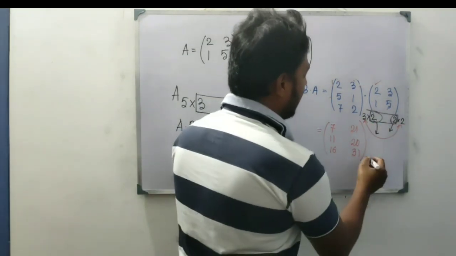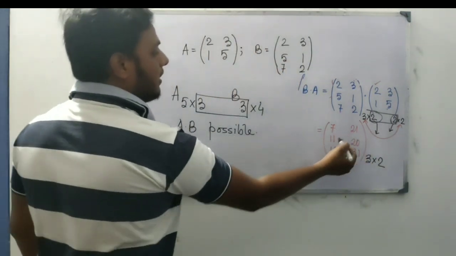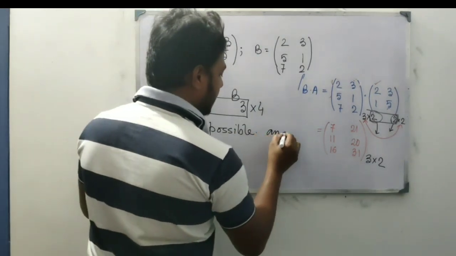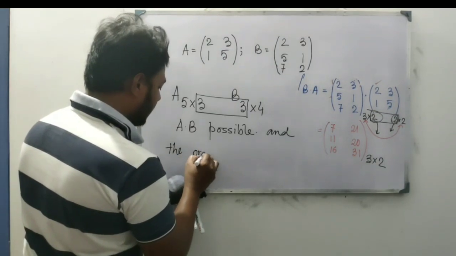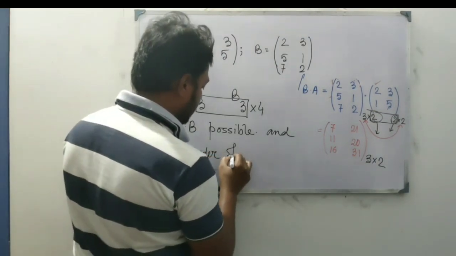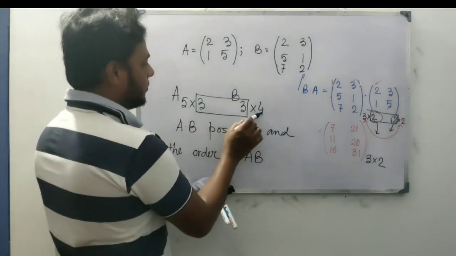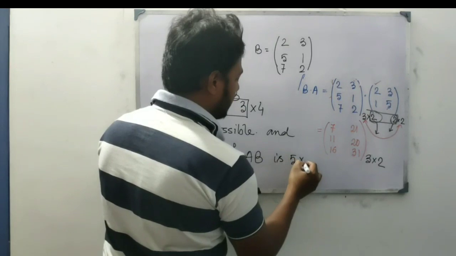See, the order of this is 3 cross 2. Check it. Number of rows is 3 and number of columns is 2. So AB is possible, and in this case the order of AB will be 5 cross 4. These two extremities, 5 cross 4.